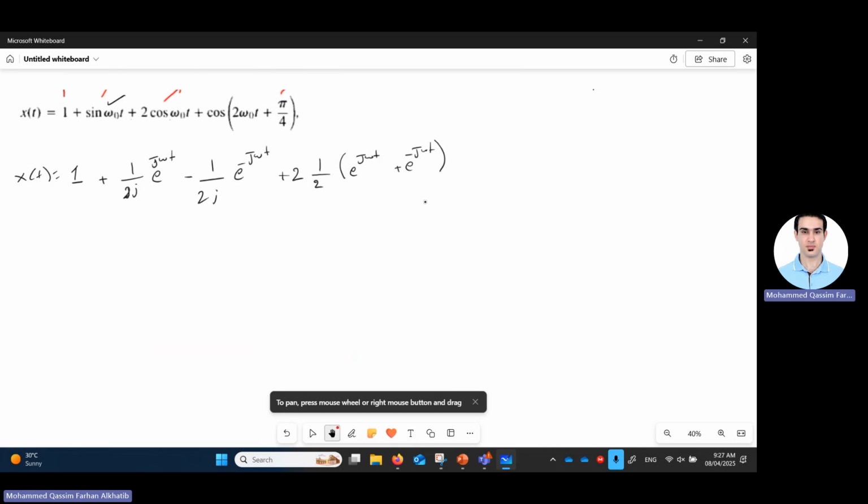That's how the cosine is, again from Euler identity. Plus, I have another cosine with double frequency, and there is a phase shift. So 1 over 2 times e to the power j (2 omega t plus pi over 4) plus e to the power -j (2 omega t plus pi over 4).